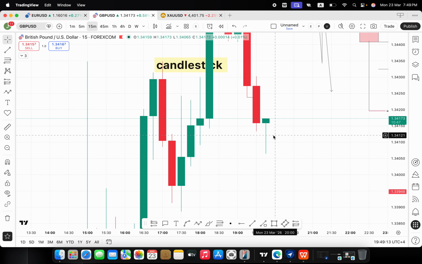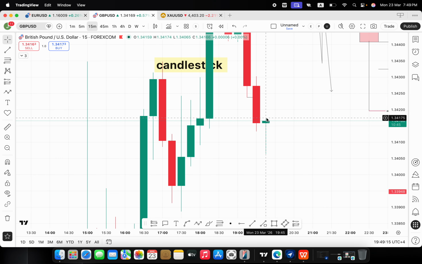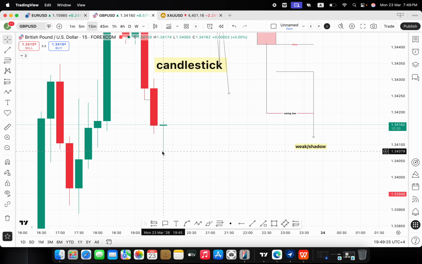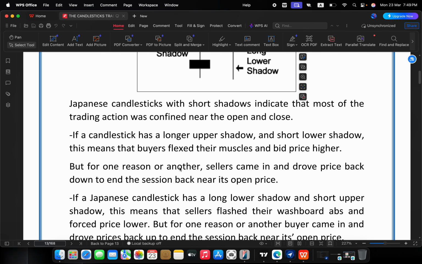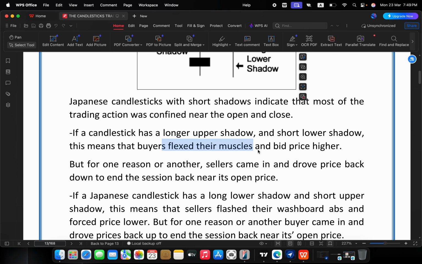Buyers are in the market telling you that they want to take this market to the upside. They are flexing their muscle. That thing you see there is a rejection. In the present time you call it a rejection, but here they say the buyers are flexing their muscle to bid the price high.